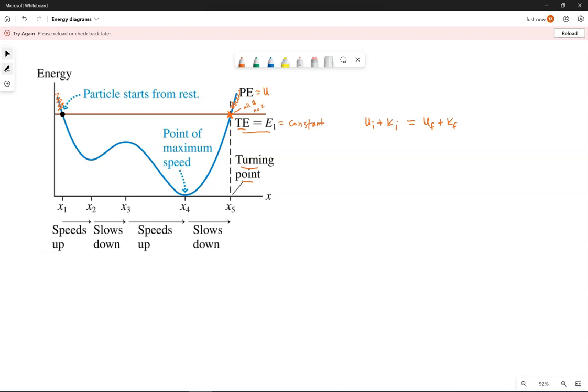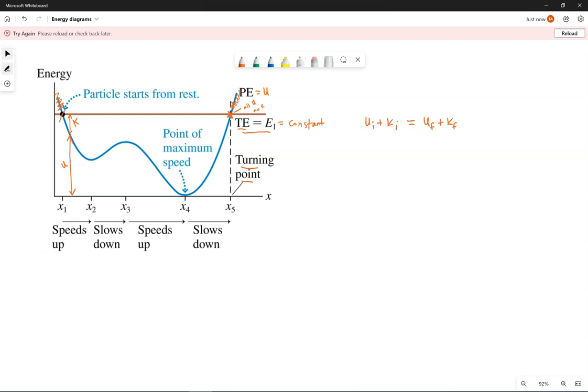So we've already talked, we know that the distance from the horizontal axis up to any point represents the potential energy at that moment. And then if we continue and measure the rest of the way, that represents the kinetic energy.